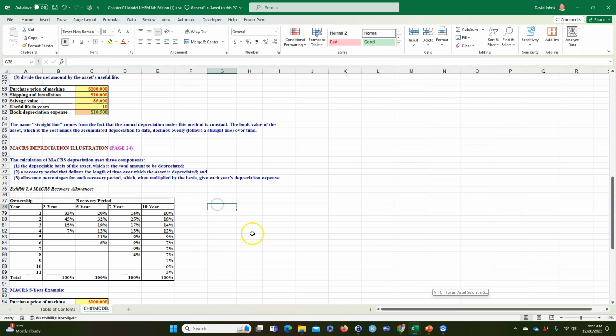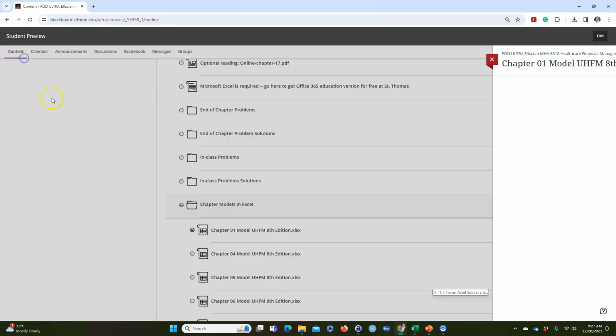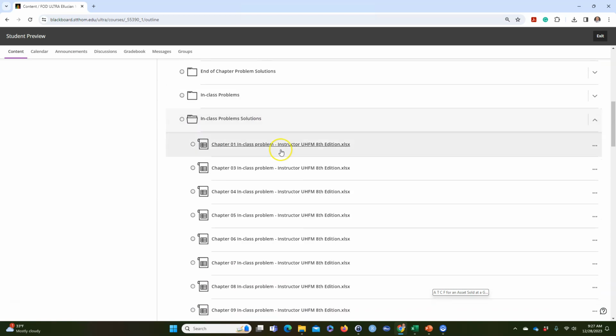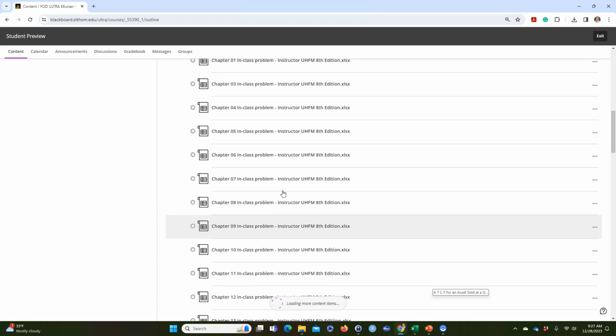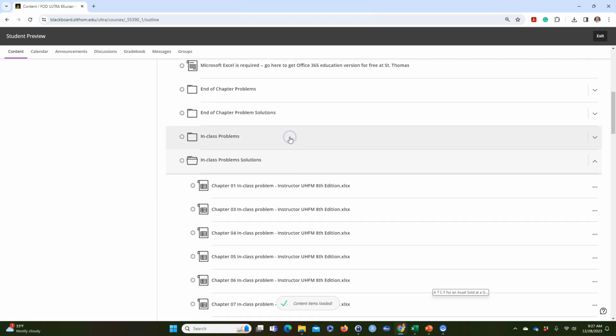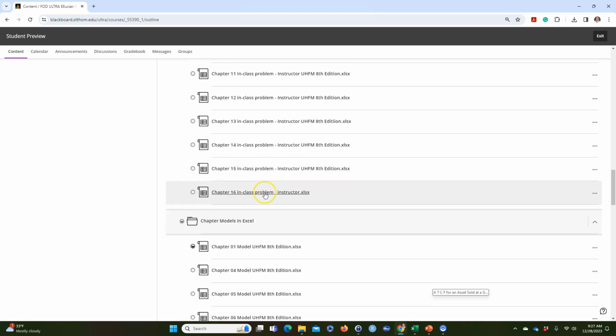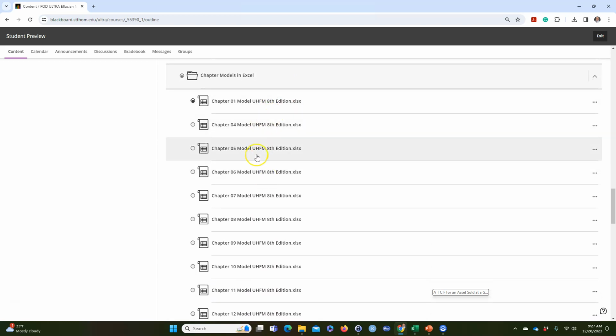So this is the model I just downloaded from models in Excel. There's also in-class problem solved. There's a lot of good information here. You don't want to forget that that's there when you're working with some of these in-class problems. So it shows a lot of information. So I got that from here and I downloaded it.